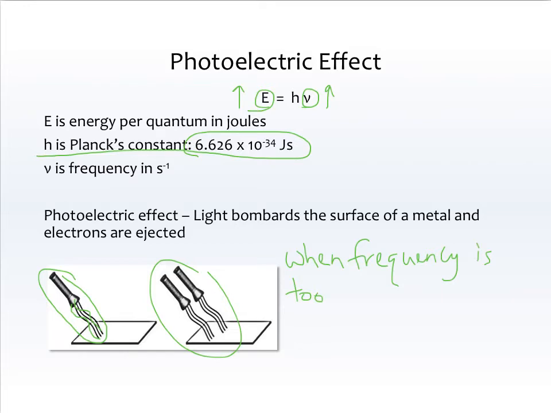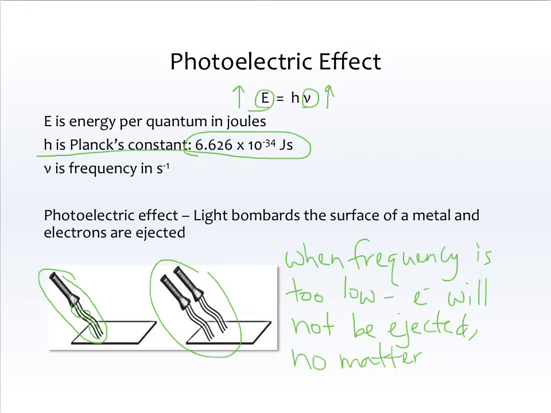When the frequency is too low, electrons will not be ejected, no matter the intensity. So it doesn't matter if I shine 1 flashlight worth of light or 2 flashlights worth of light. If it's a relatively low frequency light, then no electrons will be ejected.